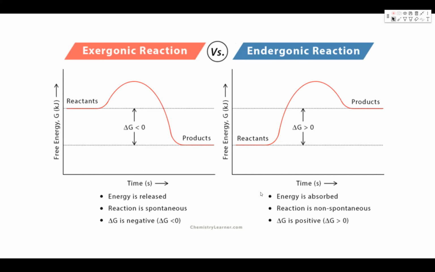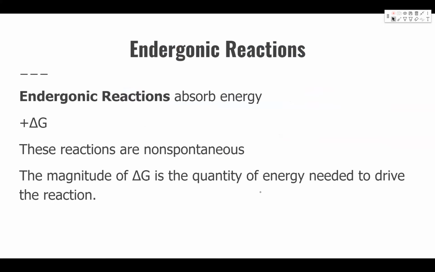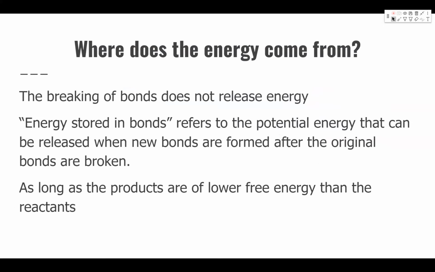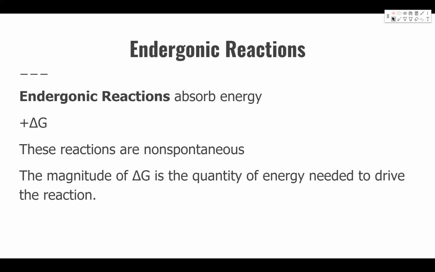All right. So we can represent these graphically. So these graphs, we've got an exergonic on one side and an endergonic on the other. Essentially, we've got free energy on one axis and time on the other. Of course, we're not going to be able to write on this right now. Why would we be able to?